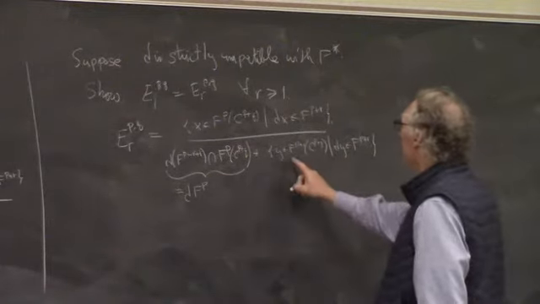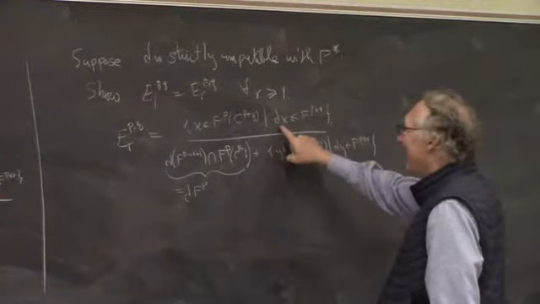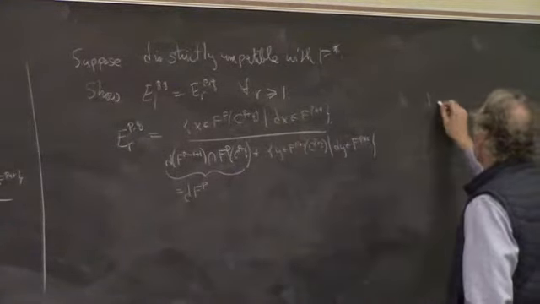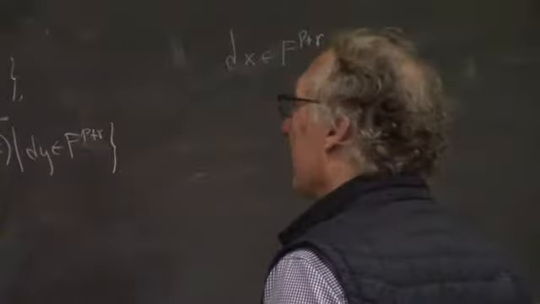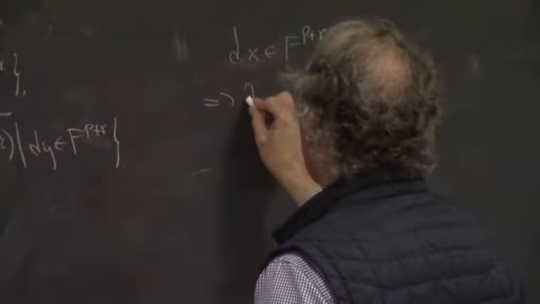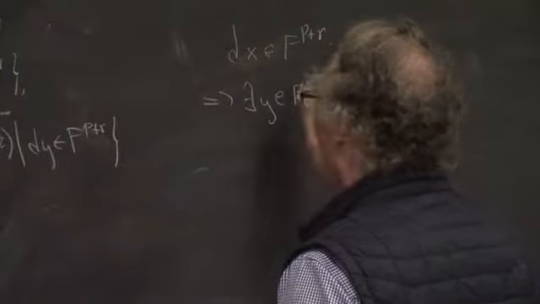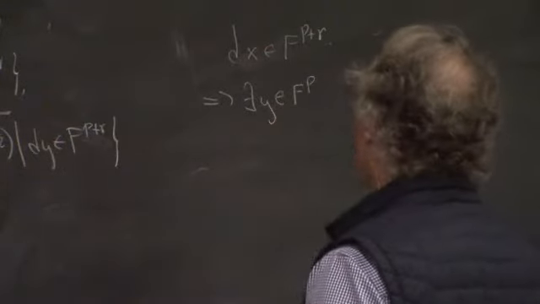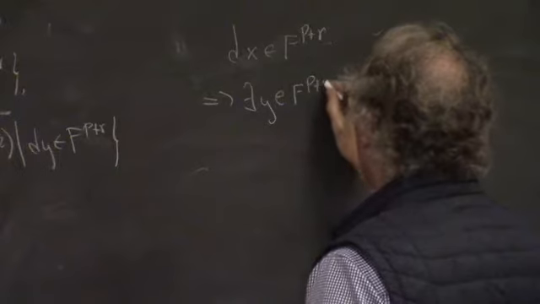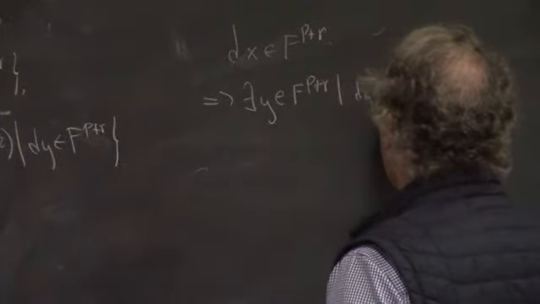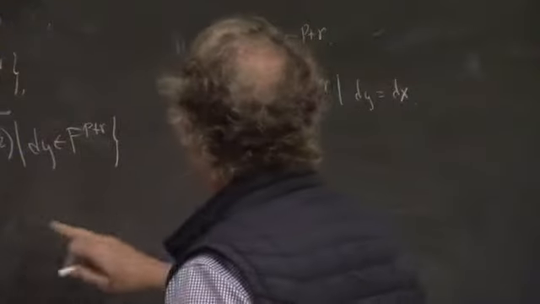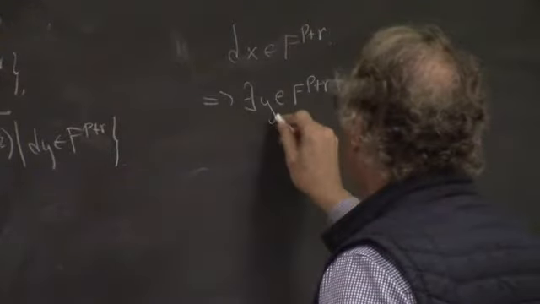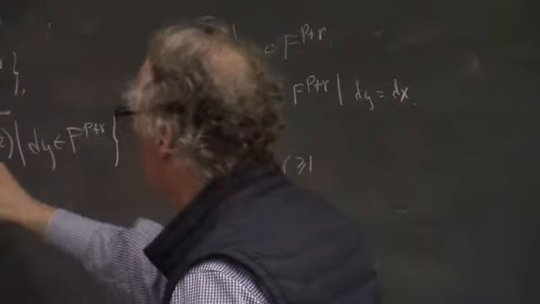On the other hand, let's look at dx. So dx is in FP plus R. That implies there exists a y in FP plus R such that dy equals dx. Again, using strictness. Okay? But now I'm free to, and R is greater than or equal to 1, so this y is an element here.